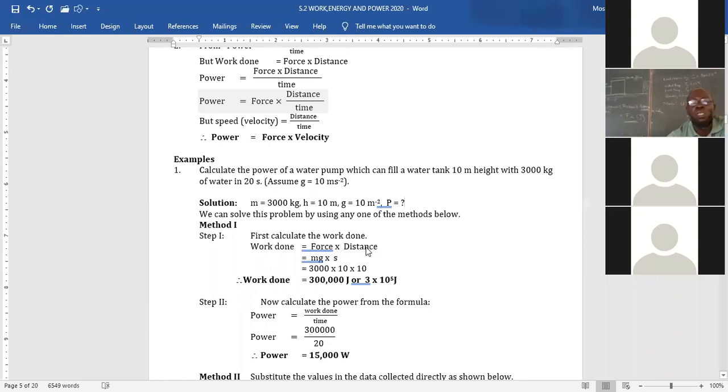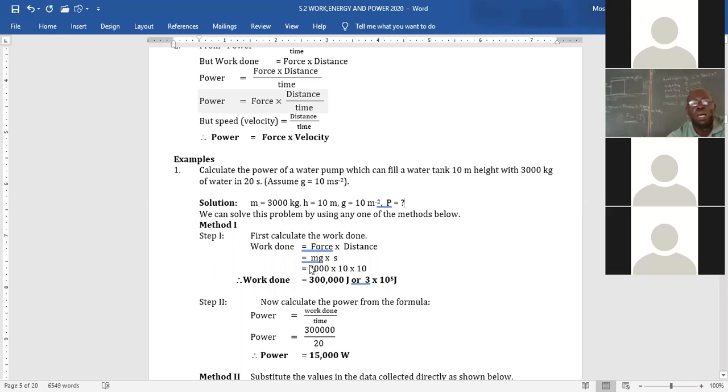The mass, mg. Is it mass? Weight. The force is actually the weight of the water. That's why we have it expressed as mass times gravitational acceleration. That is our weight of the water times the distance that we are going to lift this water through.